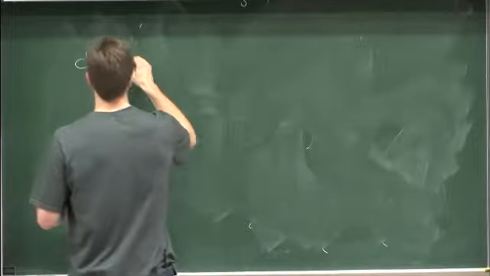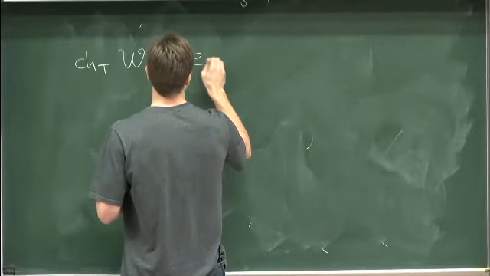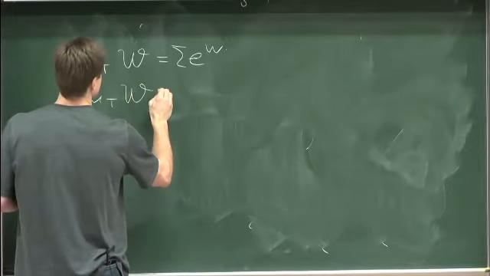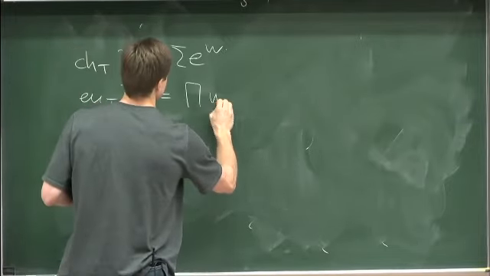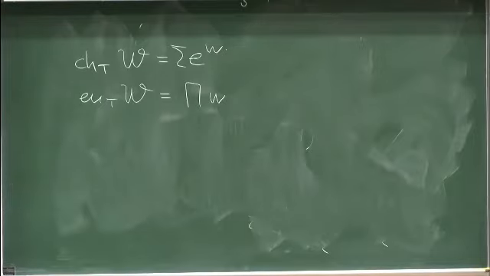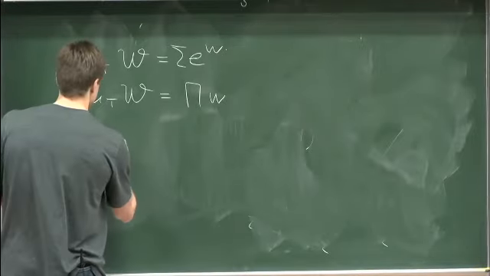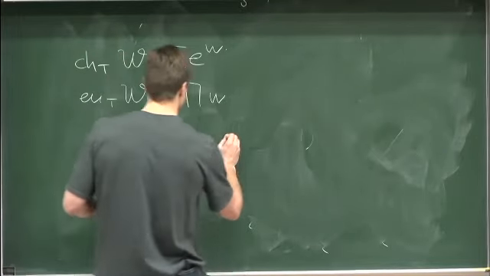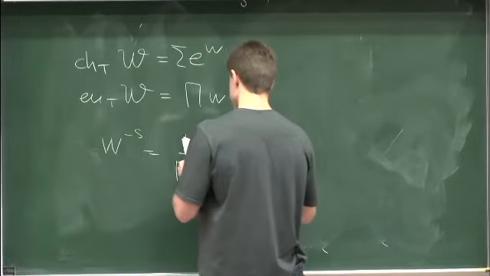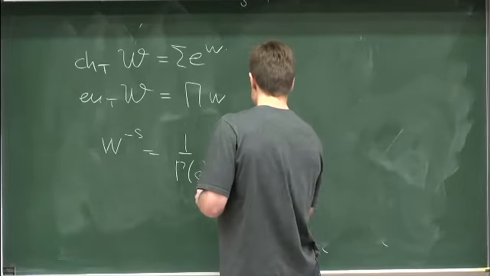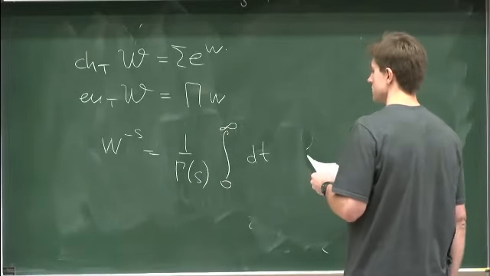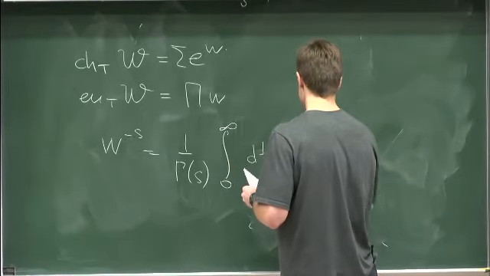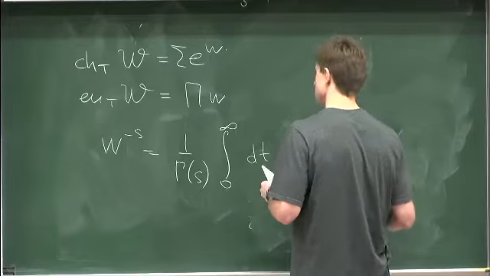Let's say that the Chern character of some space is the sum of weights, and we want the Euler class as the product of weights. So how do we convert the sum of exponentials into a product? Well, we just use the formula for the gamma function. So w to the minus s is 1 over gamma of s, integral from 0 to infinity d tau t to the s minus 1 e to the minus t w.